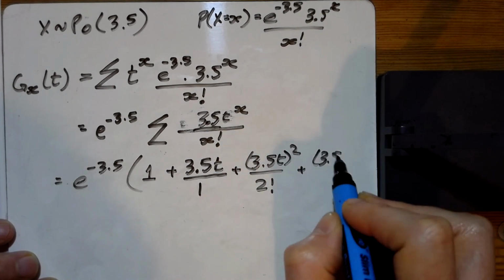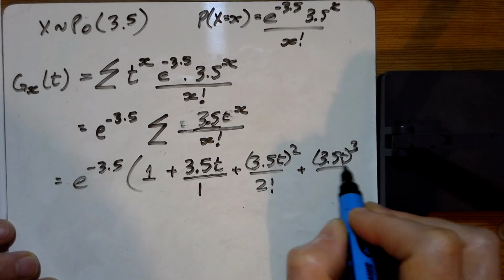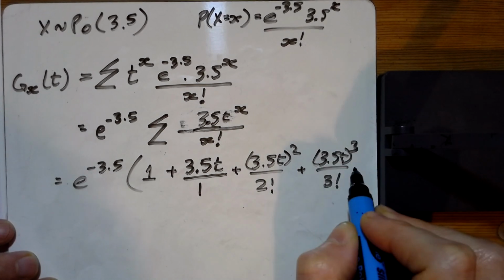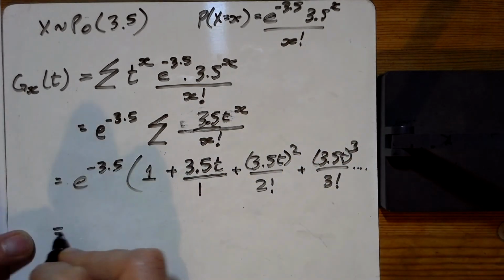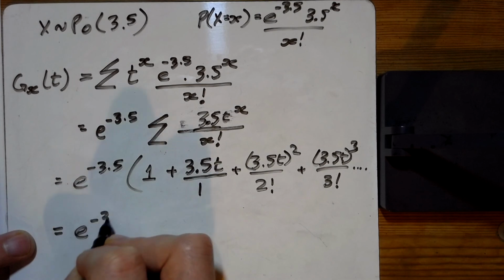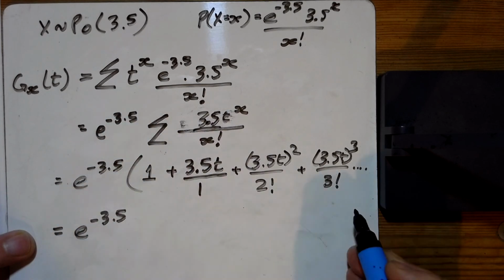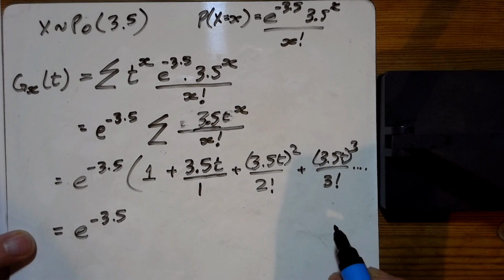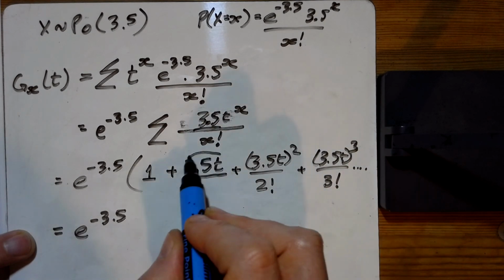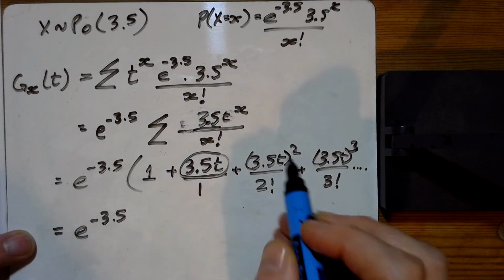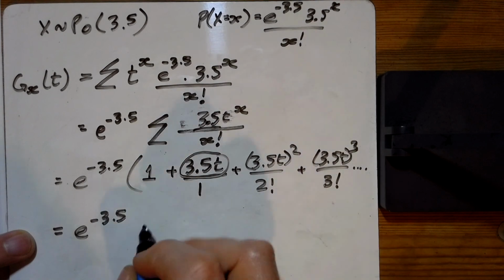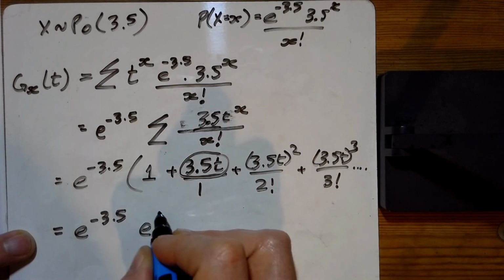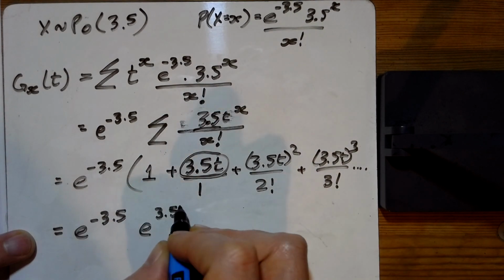Then 3.5t cubed over 3 factorial. And we're going on forever and ever. And we're supposed to notice that this is an expansion we recognize. This is the expansion of e to the x, where x is 3.5t. And so this is e to the 3.5t.